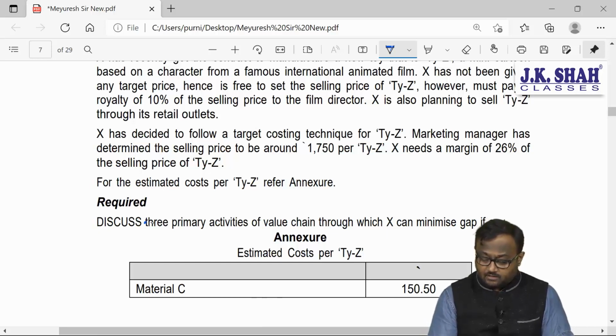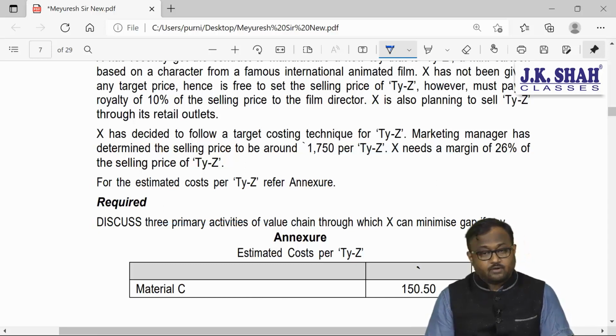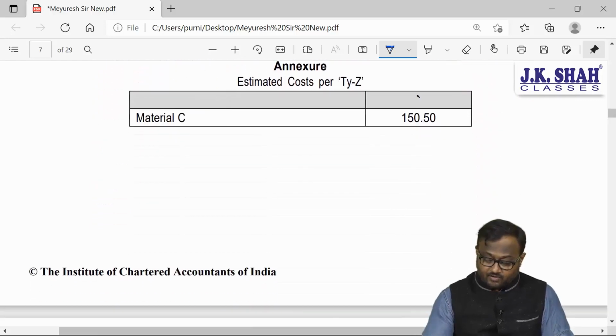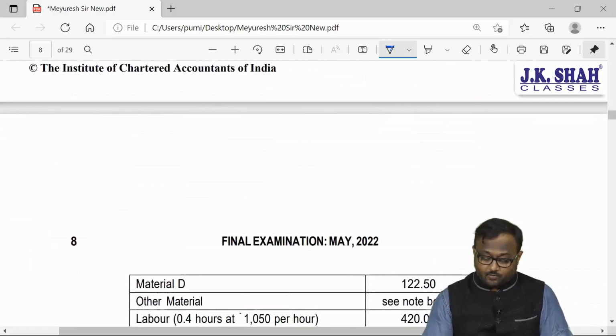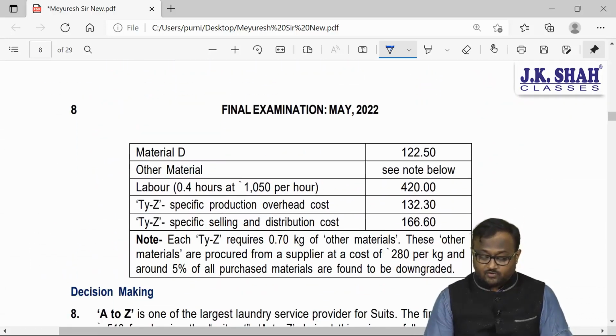Discuss 3 primary activities of the value chain through which X can minimize the gap, if any. And then we have the cost structure. Material is 150.50, material D is 122.50, other material is mentioned in the note below. What does it say? TYZ requires 0.70 kgs of other material.